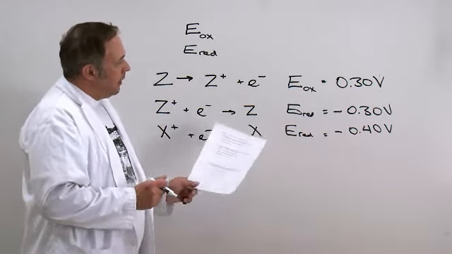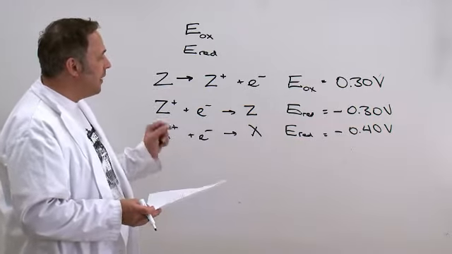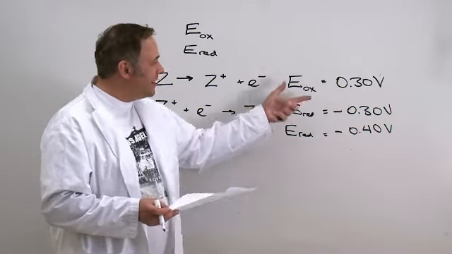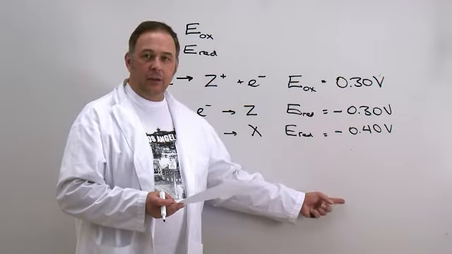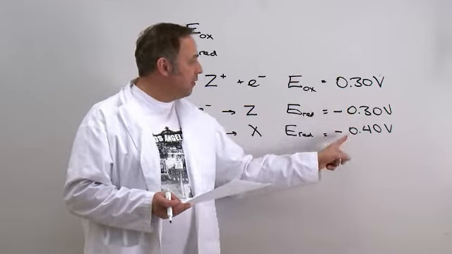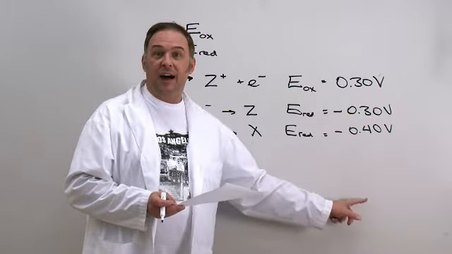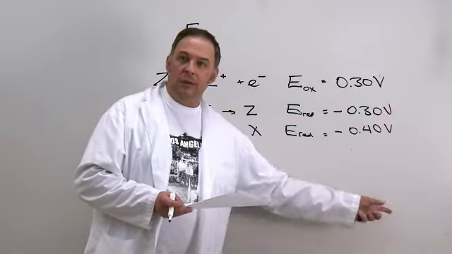Now, when you're looking at the trends in your data book, you'll see that as you're going down the table, the negative values are increasing. Well, that is, the value is actually decreasing: negative 0.30, negative 0.40, negative 0.50, negative 0.6, and negative 1.2, negative 2.0, whatever.